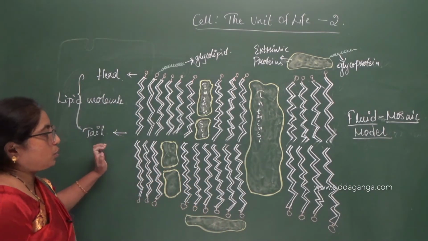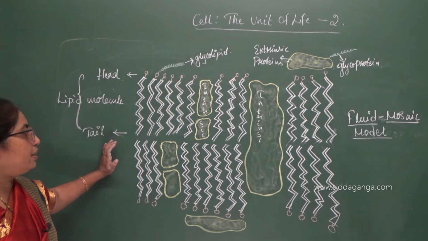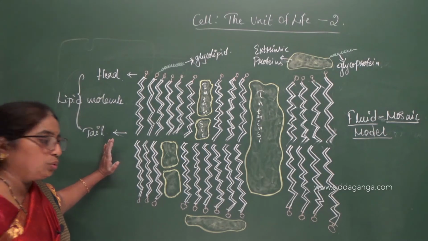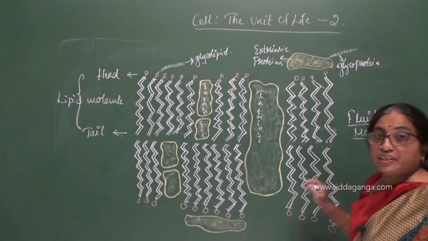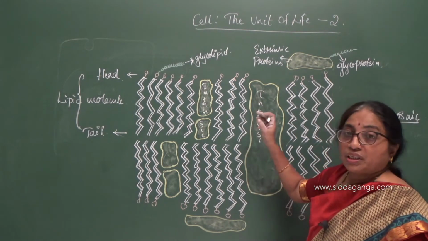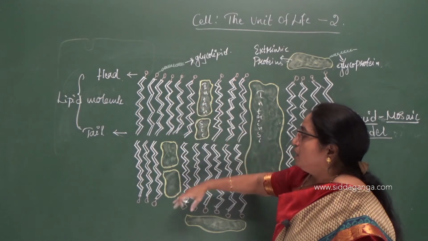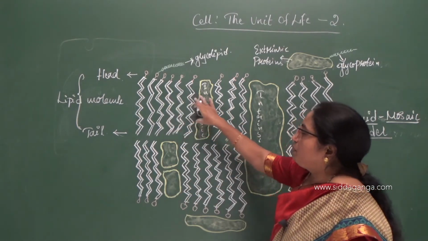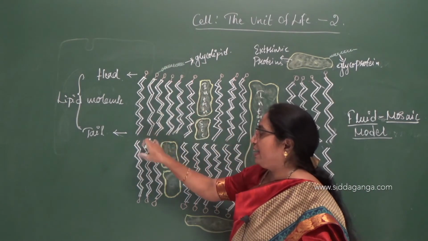So this is called the fluid mosaic model of the plasma membrane. Look at the structure of the plasma membrane. It looks so small, it is almost 70 angstrom units, and when you enlarge it, see the lipid bilayer, the lipid molecules with the head on the outward side and the tail on the inner side.